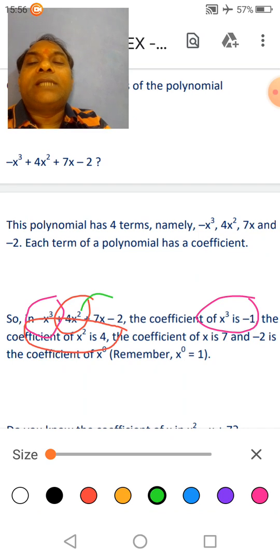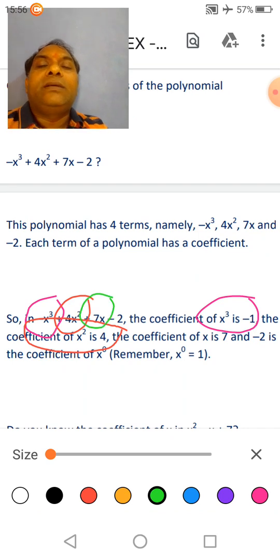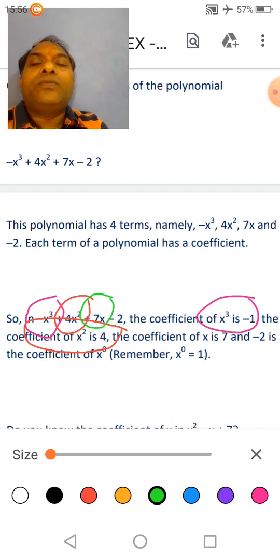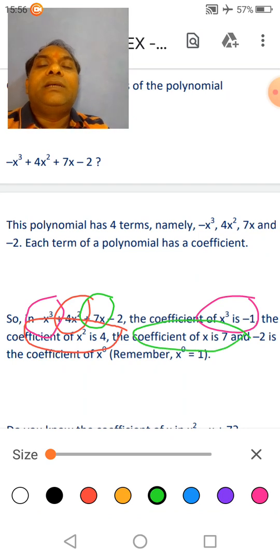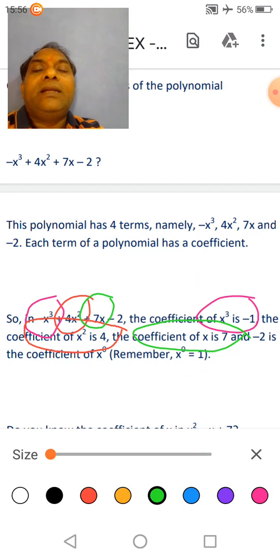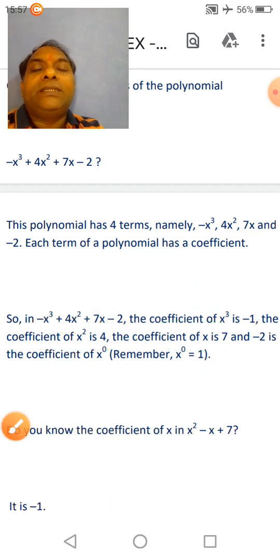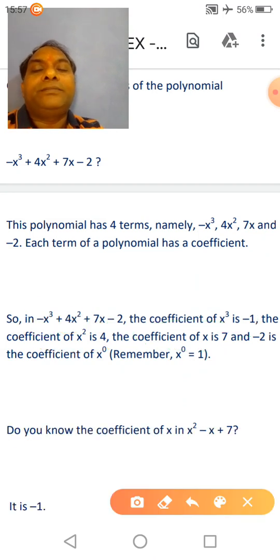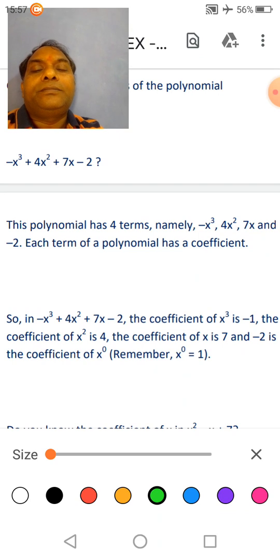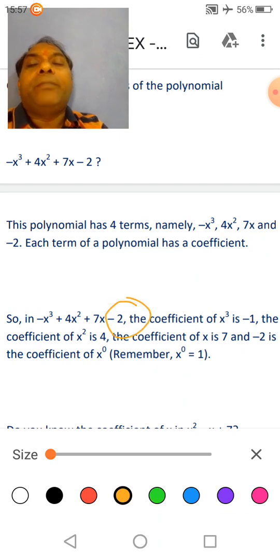Now its third term is 7x. So coefficient of x in third term is 7 and fourth term is minus 2.